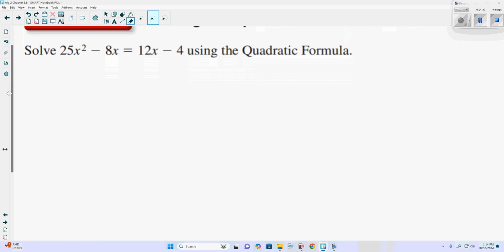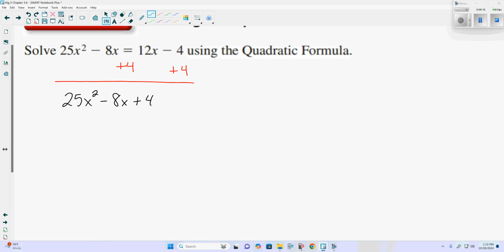25x squared minus 8x is equal to 12x minus 4. So we need to get this equal to 0 first. What's the first thing we can do to get this equation equal to 0? We can add 4 to both sides, which will tell us that we have 25x squared minus 8x plus 4 is equal to 12x.